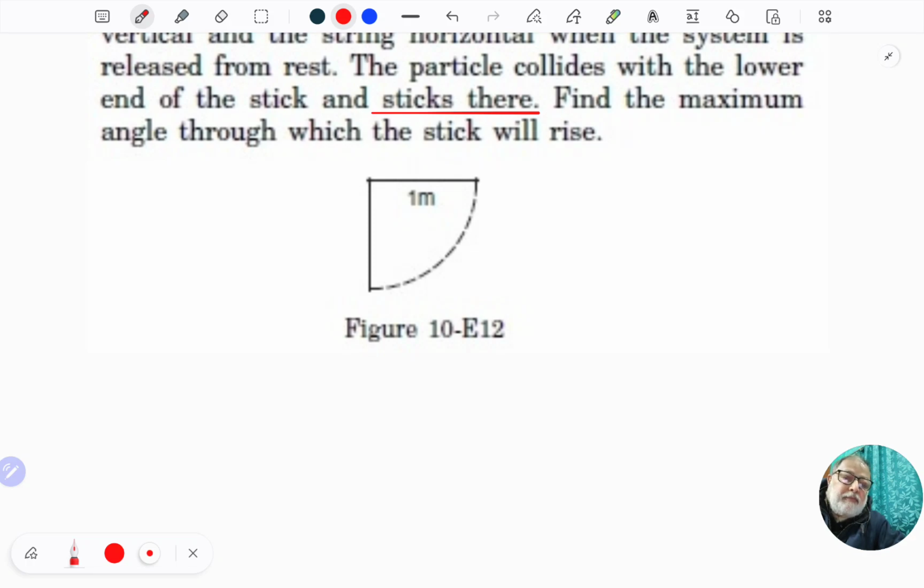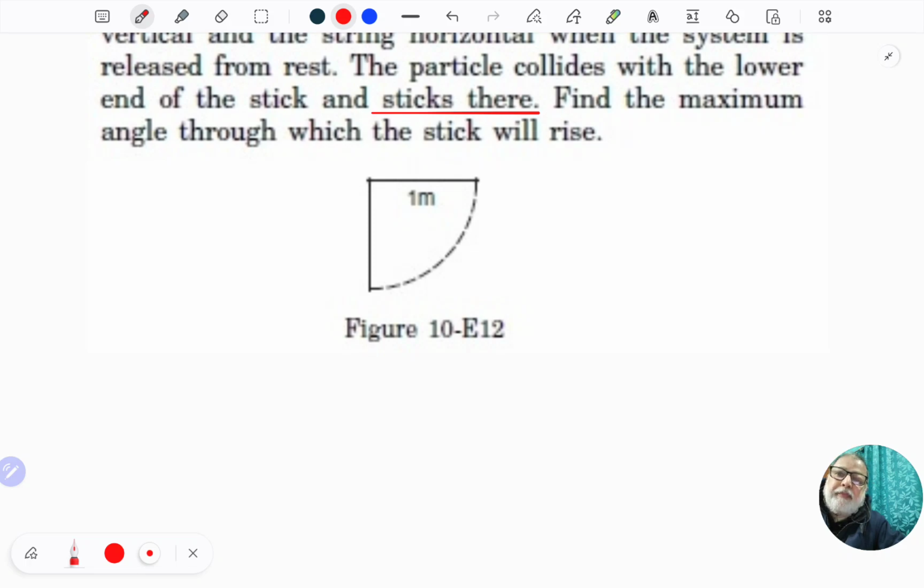Some say that linear momentum is conserved during the collision, so let us apply the principle of conservation of linear momentum to work out the problem. And some say that angular momentum is conserved about the pivot. From there we have to proceed and work out the problem.